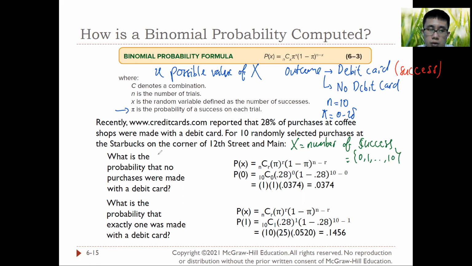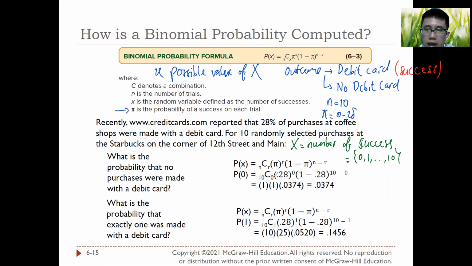And this question is associated with little x equal to 0, because no purchases. So substitute x with 0 here, p(0).